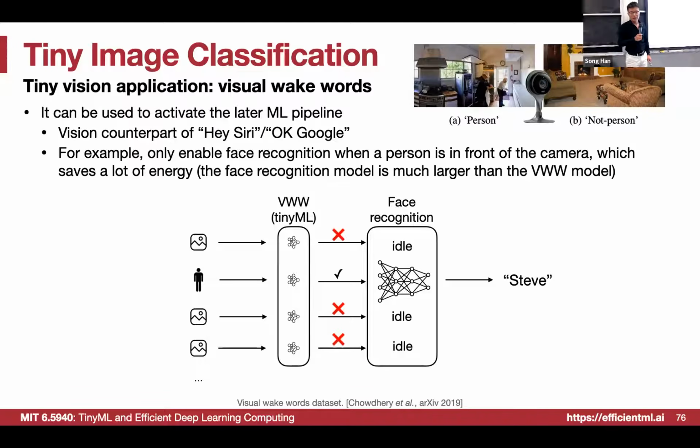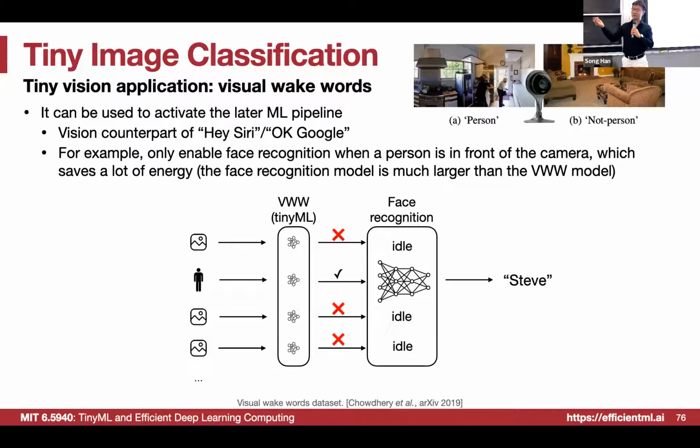One application would be visual wake words. It's like the vision counterpart of, okay Google, hey Siri, those kinds of things. For example, we can only enable face recognition when a person is in front of the camera, or give you an alarm when you're not at home but some stranger breaks into your home. So here we deployed it on this microcontroller that is battery powered.